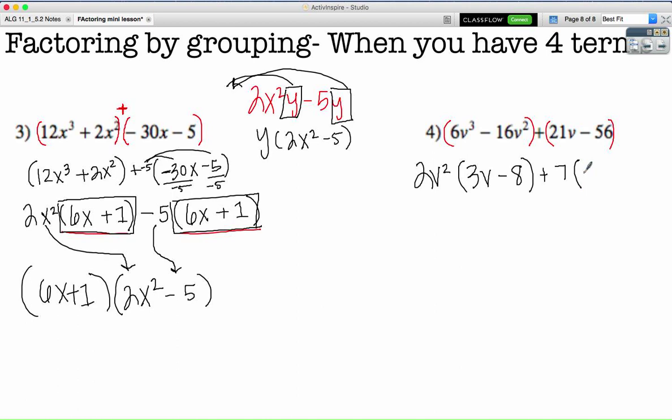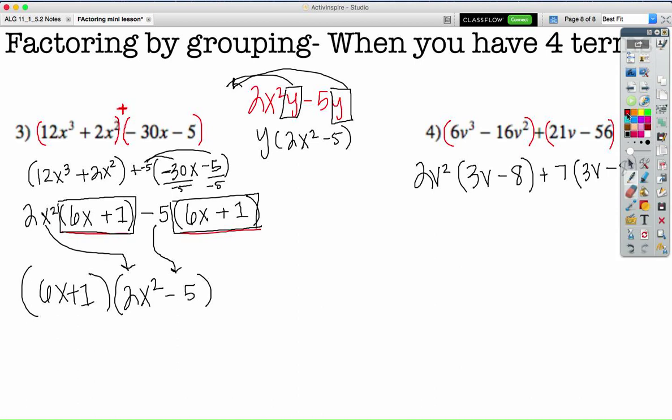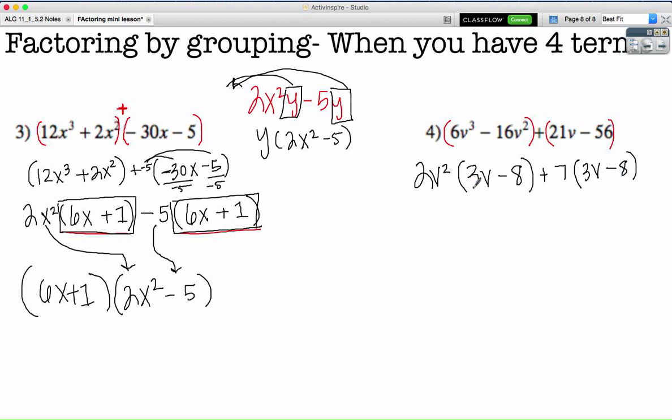And that leaves us with a 3v minus 8. Again, our parentheses match like we hope they would. So this is a common factor that can be factored out. So we will set it out front in a parentheses. And then when we factor those out, what we will have left in parentheses will be 2v squared plus 7.